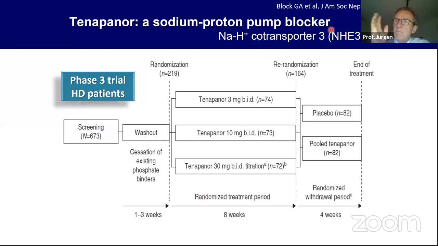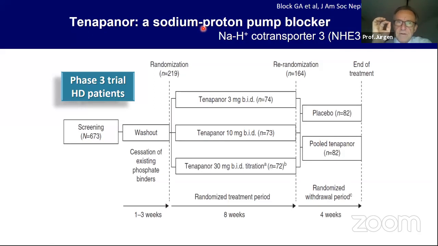So it was never meant to lower phosphate. It was meant to excrete sodium into the intestine and to get rid of sodium in dialysis patients. And just accidentally, they discovered that as you lose sodium into the intestine, you also lose phosphate, probably by paracellular secretion of the phosphate.